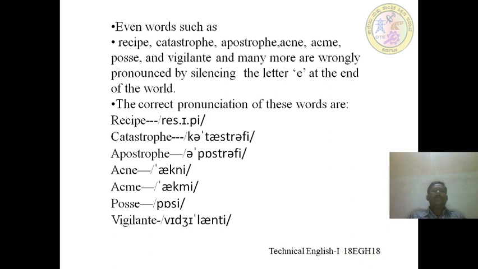There are some other groups of words that we see here: recipe, catastrophe, apostrophe, acne, palsy, and vigilante, and many more are wrongly pronounced by silencing the letter E at the end of the word.